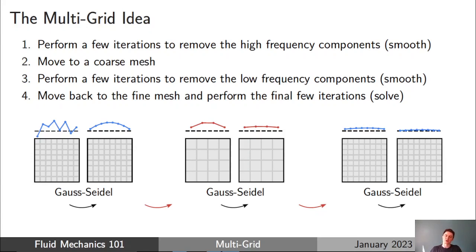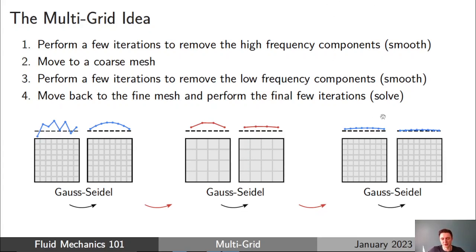Then those low frequency components of the error that we have are now high frequency. And so we can carry on with the Gauss-Seidel algorithm, but on a coarser mesh, and effectively remove those low frequency components. Again, this is more smoothing. When we've done that, and we've made our low frequency components of the error very small, we can move back to the fine mesh and do a final few iterations, all the way down to the end of the Gauss-Seidel algorithm when our error is below the tolerance.